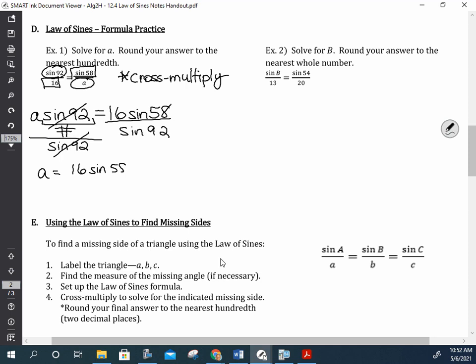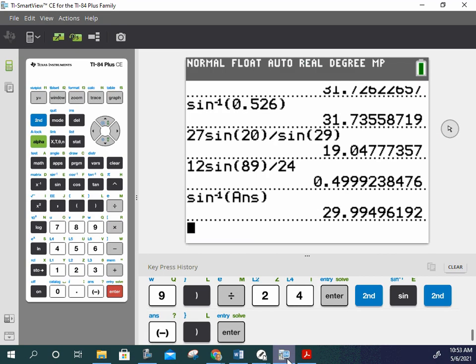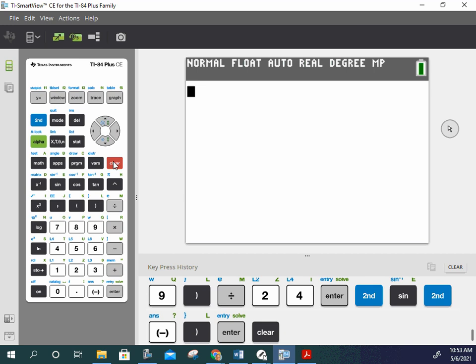Now the part that's left over is a calculator problem. So we're going to let the calculator do some work. Let's take a brief moment.